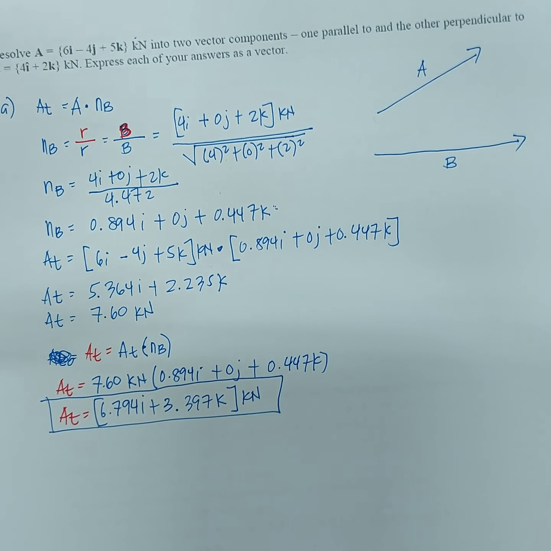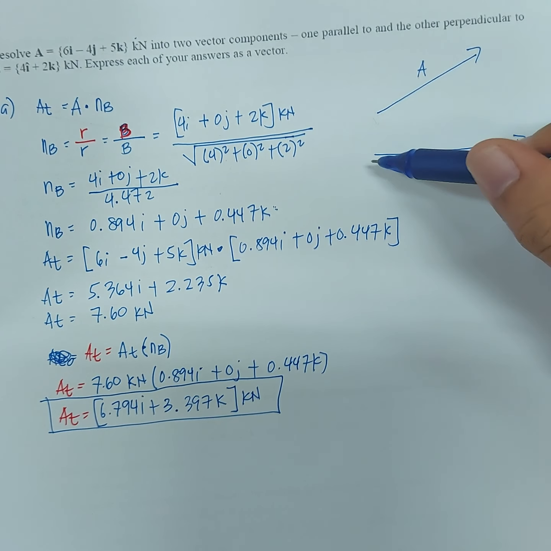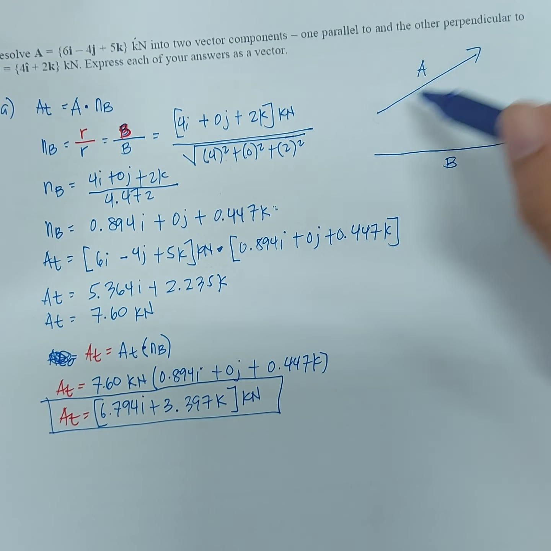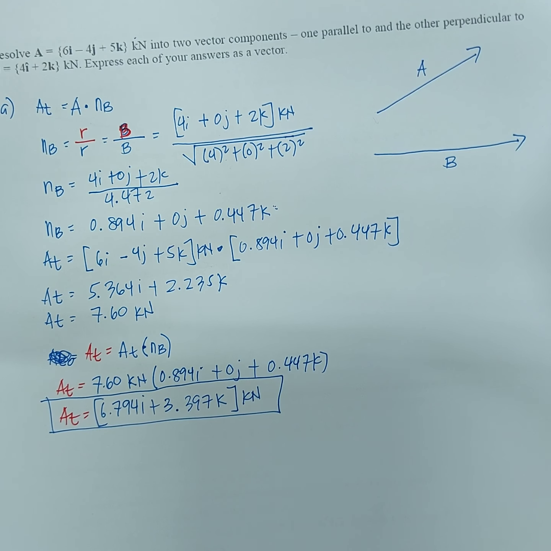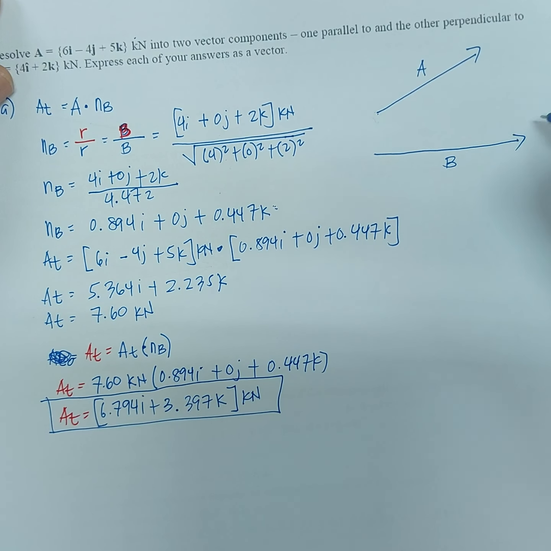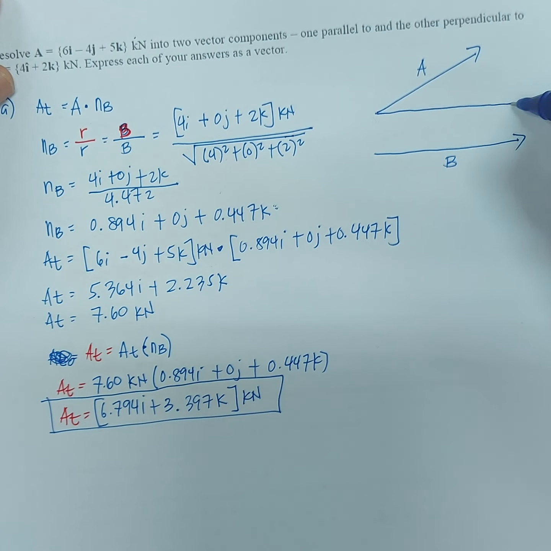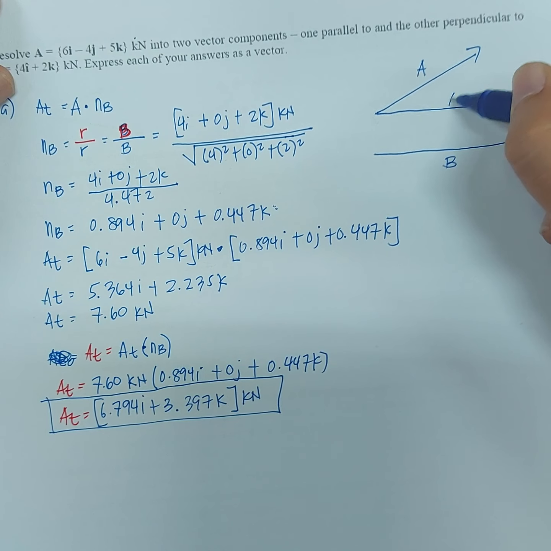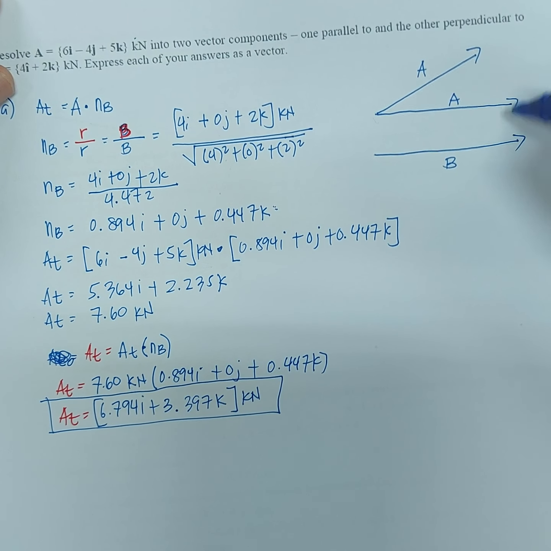This is just to explain how we get the perpendicular component of our force. As an example, we have a force B with this direction, and a force A here with this direction. So if we solve for the component of A parallel to B, for example this, this is A, parallel to B.